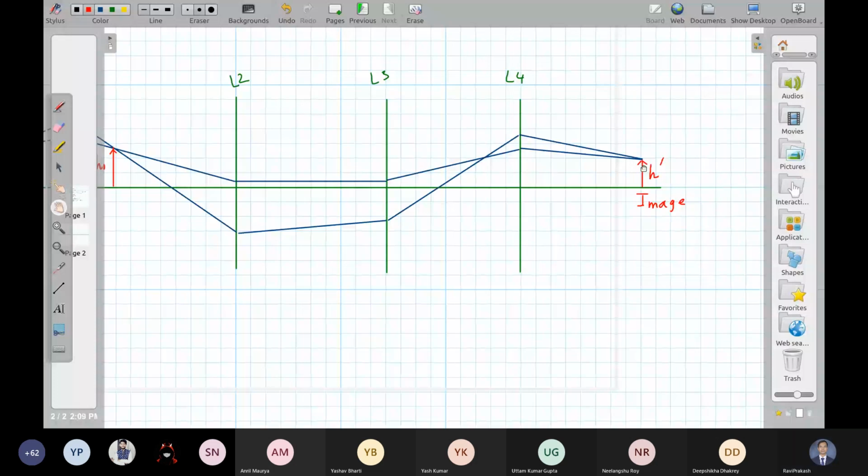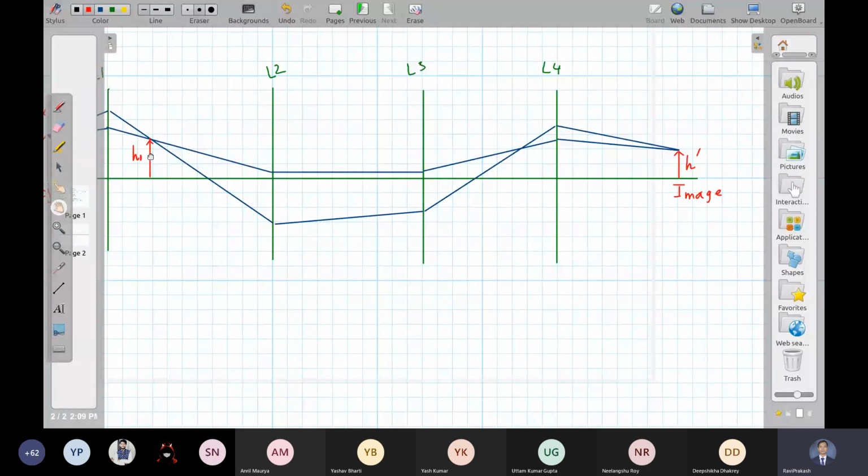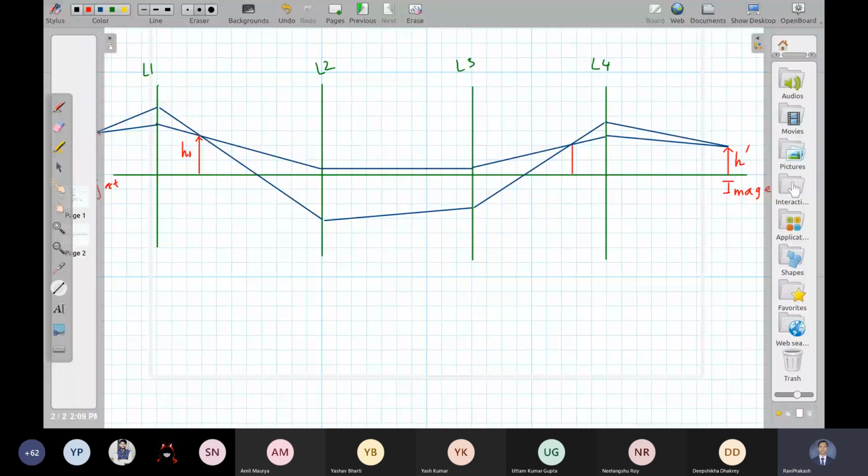Same position. Obviously, the image will not change. If I put some object here, then where will the image be? Same position, sir. They are all acting as intermediate objects.